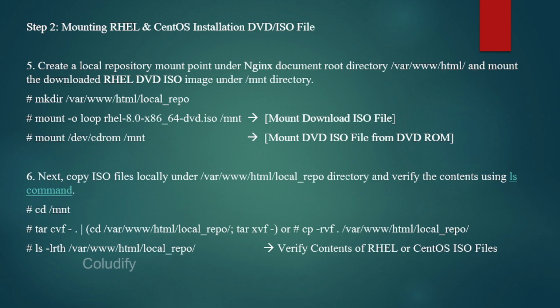Once we copy our repo into the Nginx root directory local_repo, we verify that the directory is showing the files or not. We use the ls -lrth command on the /var/www/html/local_repo directory.